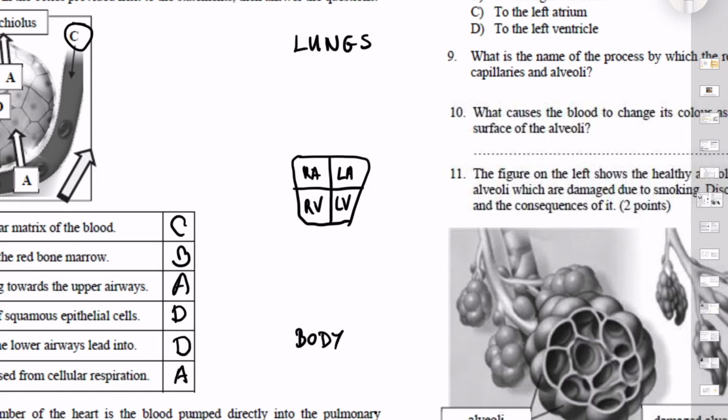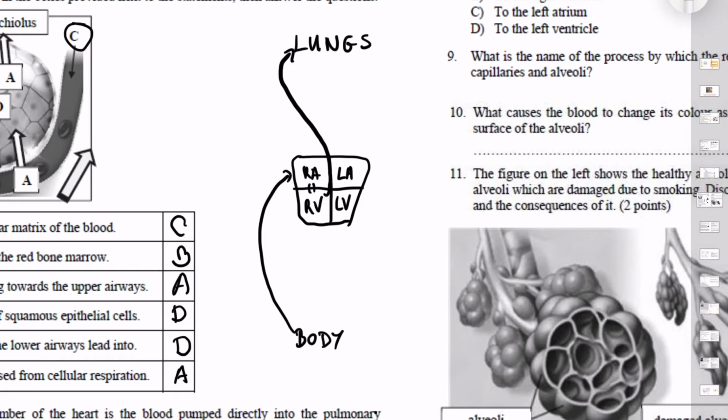So from the body, the deoxygenated blood will arrive to the right atrium through the inferior and superior vena cava. From the right atrium, it is pumped to the right ventricle, from where, through the pulmonary artery, the deoxygenated blood will travel towards the lungs, where gas exchange will take place.